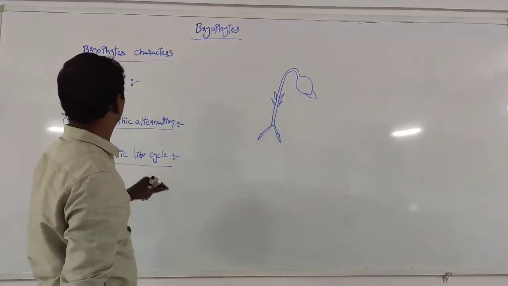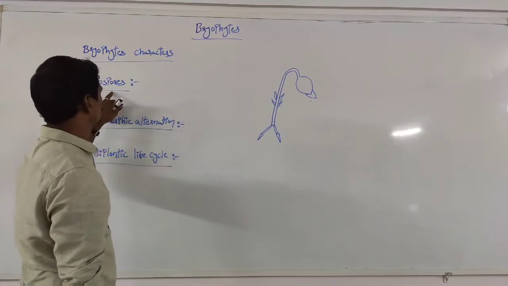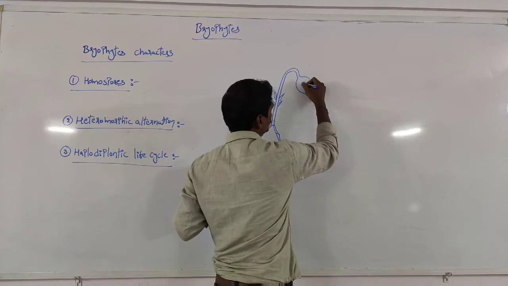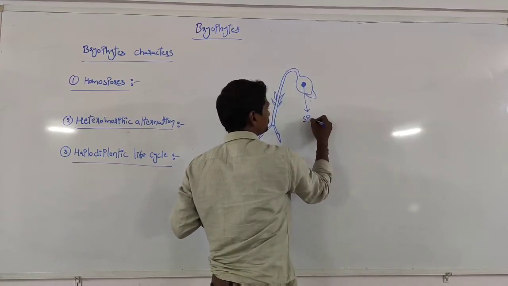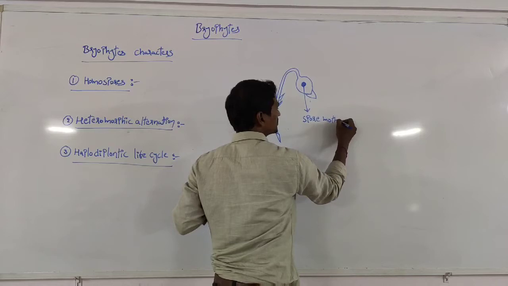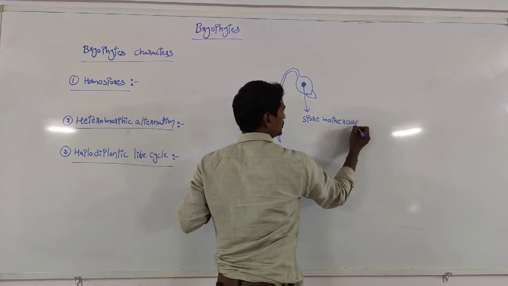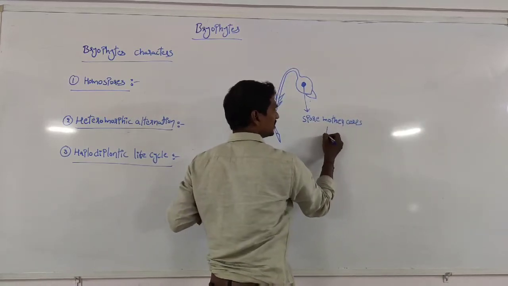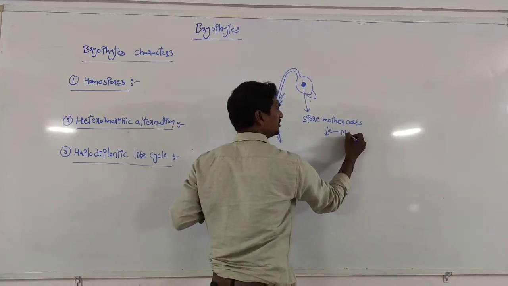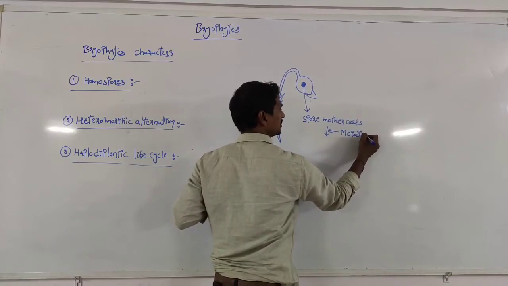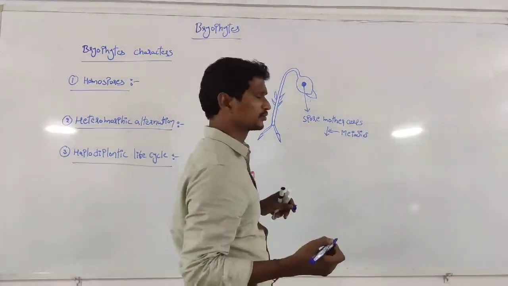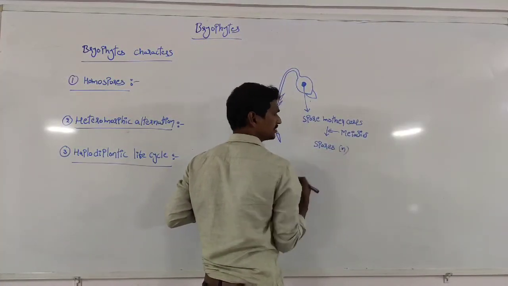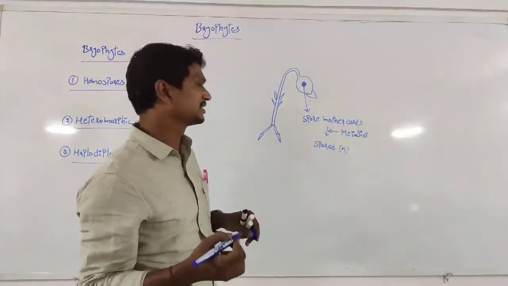The basic concept is that the first bryophyte character is homospores. Within that capsule there are spore mother cells. These spore mother cells are involved in meiosis, which produces the spores. The spore state is the n state.